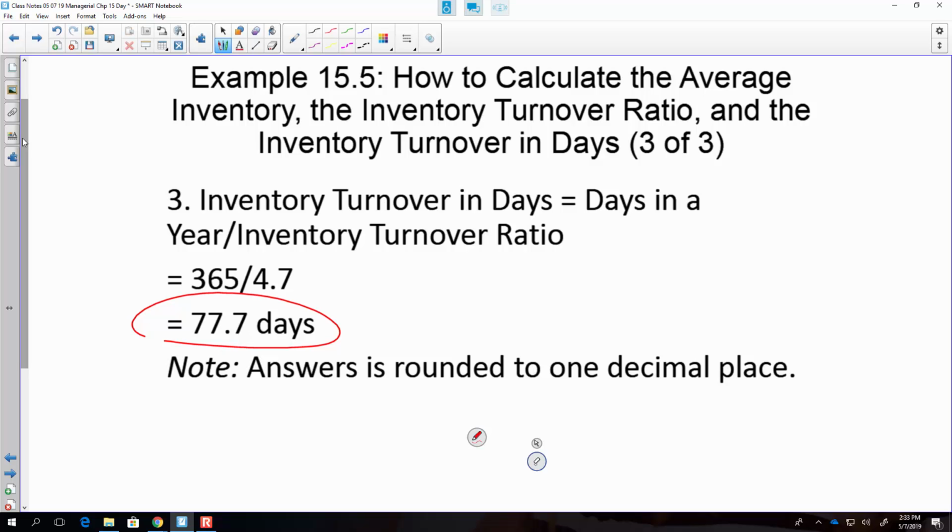I thought with Apple, they were around 62.8. So we were at 4.7 turns, and Apple was at 62.8 times a year.